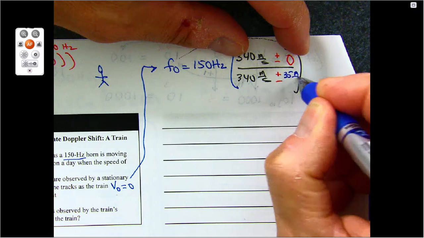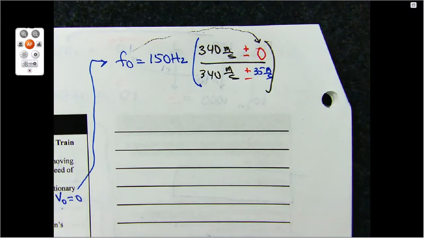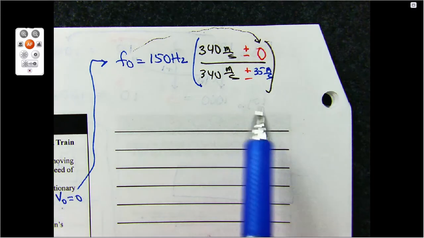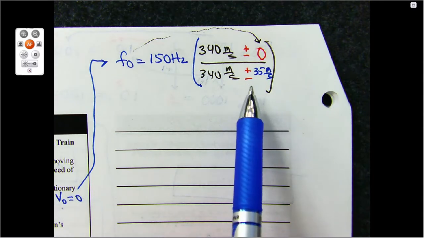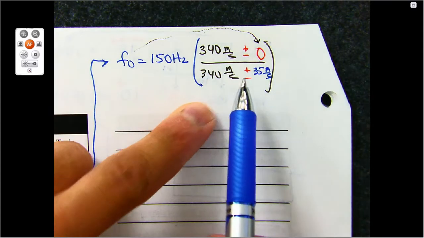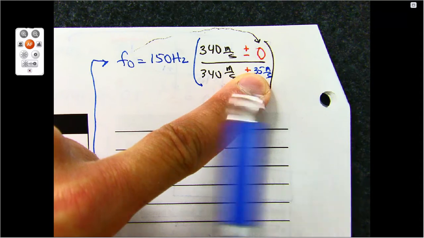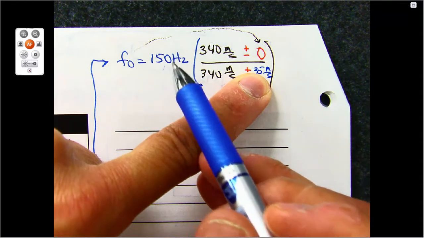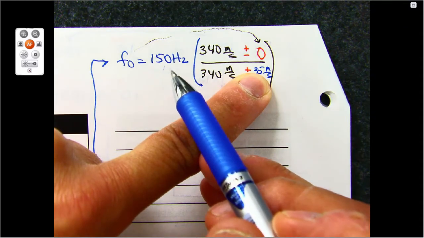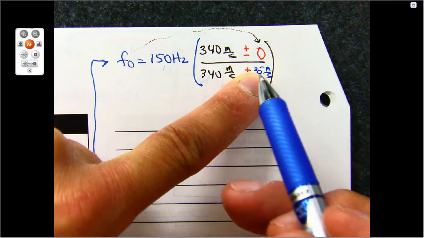Now, the question is, when's the plus and when's the minus? Is the plus going to make the frequency go up or down? The plus is going to make the 150 go down, correct? Because this number here is less than 1 once you make that denominator bigger.